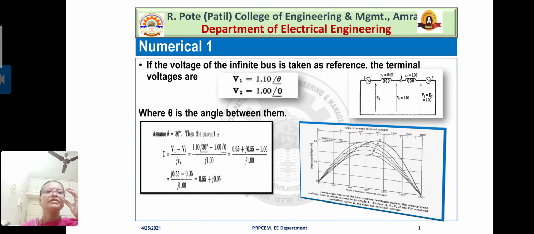Right? Theta is the angle between V1 and V2. Now what we are going to understand here is the effect of increasing excitation voltage on the power angle curve, on the steady state stability limit. So we assume here that theta is equal to 30 degrees.